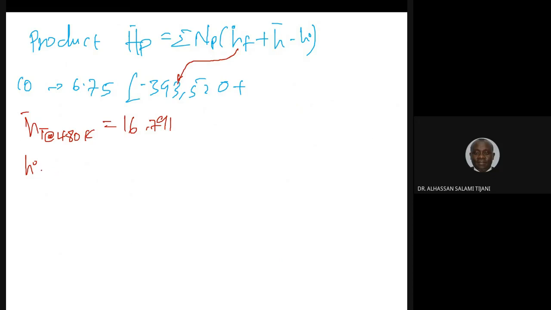So standard state means at 298 Kelvin. So this gives me 9,364. So this is for carbon dioxide.